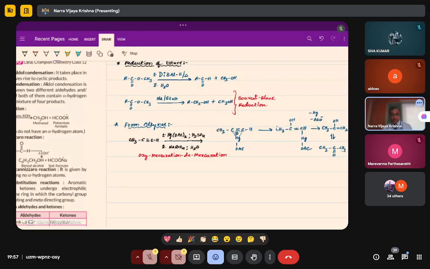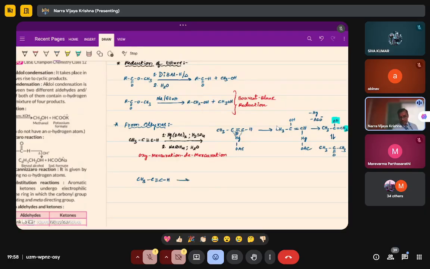Clear? Now, while I am adding water, observe overall what happened. Here the OH group, here the H got added. Indirectly. Now, did the OH group get added to the more substituted carbon or the less substituted carbon? This is acetylene. In this acetylene, are we adding OH to the middle carbon or the last carbon?